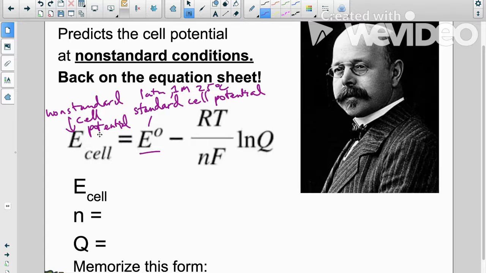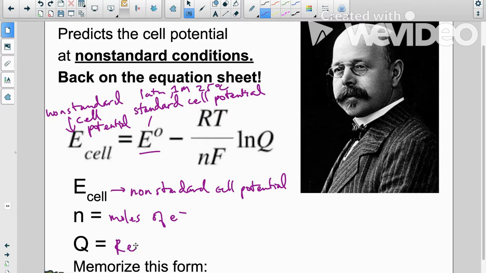So this can allow us to calculate that. Again, this is our non-standard cell potential. N is our moles of electrons. Q is our buddy, the reaction quotient.